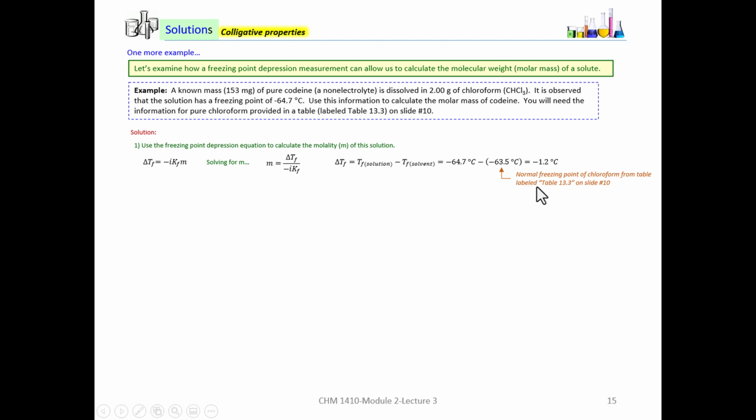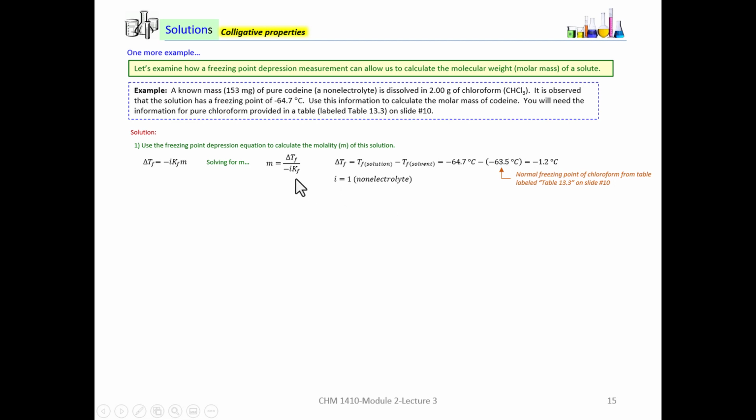When you found the table on a previous slide, you'd find that the normal freezing point of chloroform is -63.5 degrees C. So the actual freezing point depression for this solution is -1.2 degrees C.